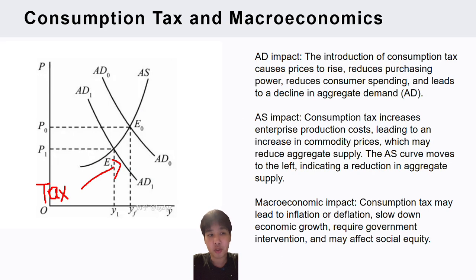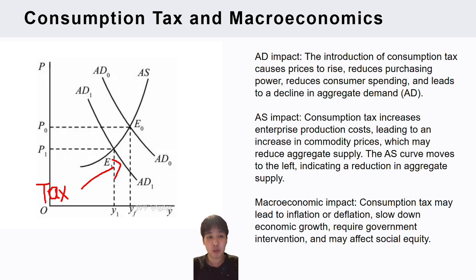The impact of the consumption tax on aggregate demand and aggregate supply will further affect key indicators of the market economy. I will expand on this concept by showing how consumption tax has an impact on the market economy. So, for the impact on demand, the introduction of a consumption tax will lead to an increase in the price of goods as the amount of the tax is passed on to the consumers.